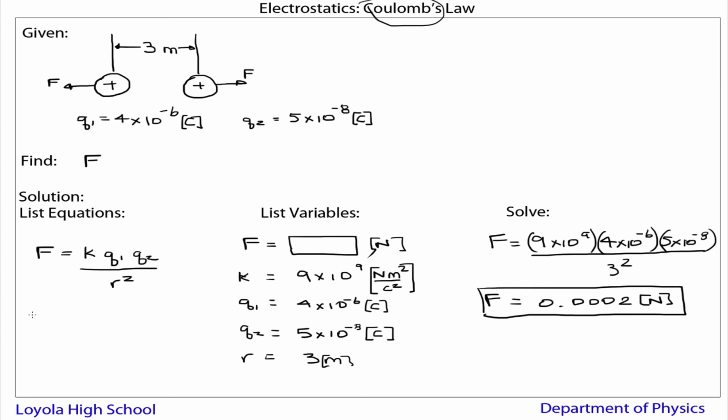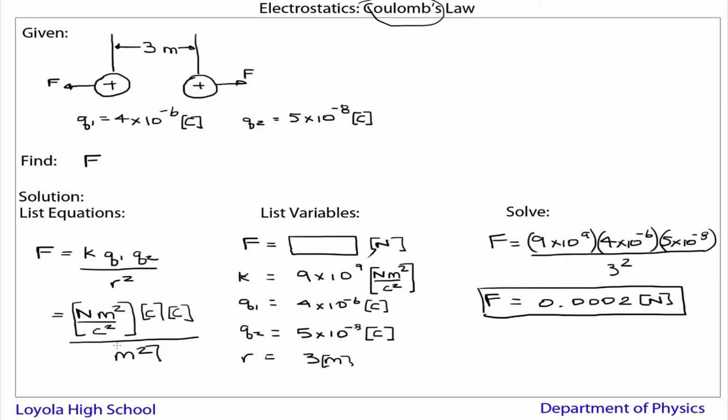One last thing, take a look at the units here. We have this kind of weird unit for K, newton meter squared. If I take a look at the equation from a unit standpoint, K is newtons, and the units are meters squared over coulomb squared, which is an interesting unit. The units for charge are coulombs for the first one and coulombs for the second one. And on the bottom, R is in meters, so it's meters squared.